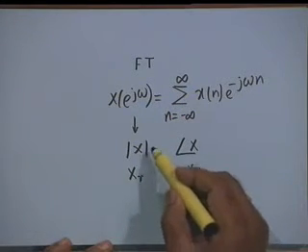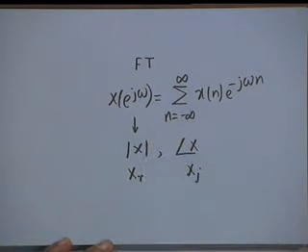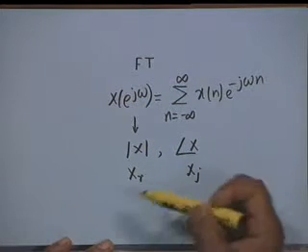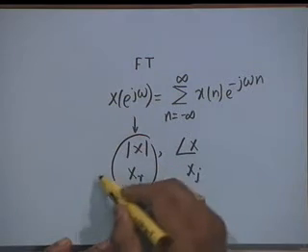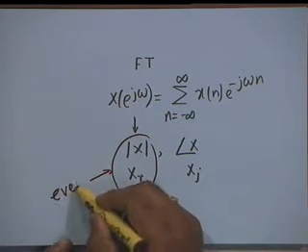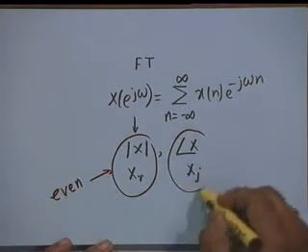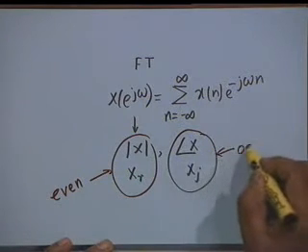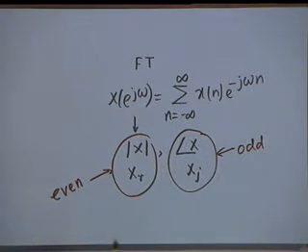And we also stated that both magnitude and the real part are even functions of omega, and the angle as well as the imaginary part are odd functions of omega.